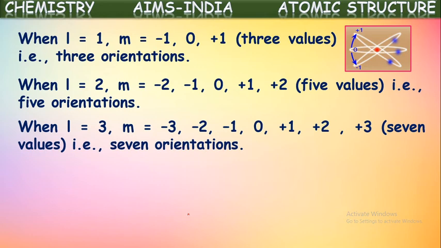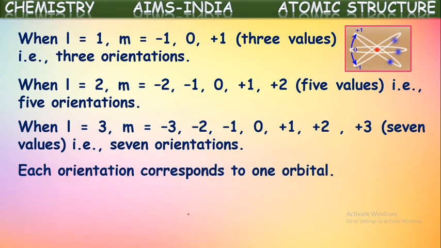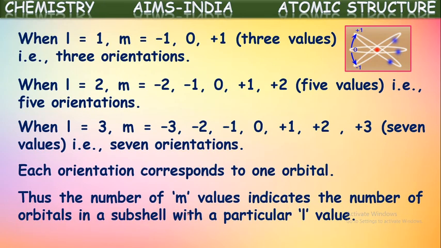Next, if l is equal to 3, m goes from minus 3 to plus 3, total 7 values, 7 orientations, which represents 7 orbitals in the f subshell. Each orientation corresponds to one orbital. Thus the number of m values indicates the number of orbitals in a subshell with a particular l value.